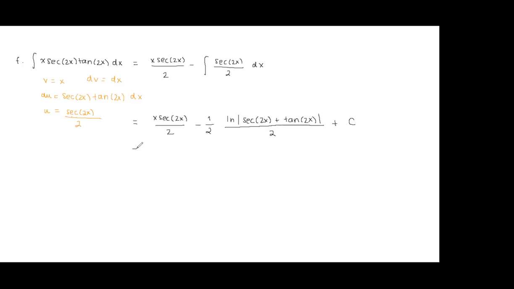So if I find the final answer over here, this is x secant of 2x divided by 2, minus 1 over 4, because 1 over 2 times 2, times ln of absolute value of secant of 2x plus tangent of 2x, plus c.